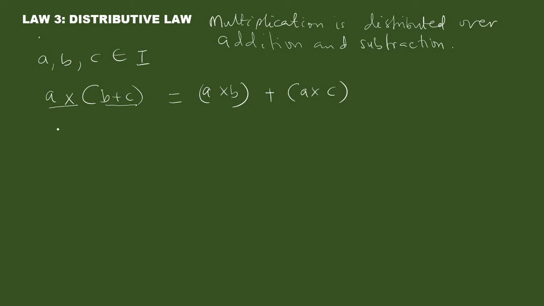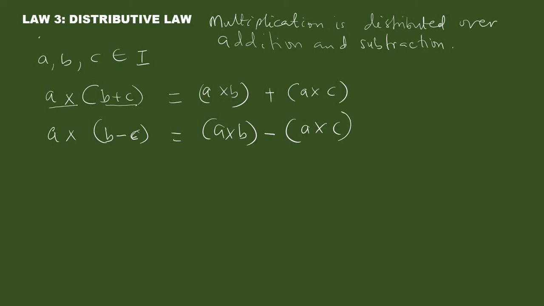Then if it is over subtraction, let's say we have A times B minus C. That is A times B minus A times C.